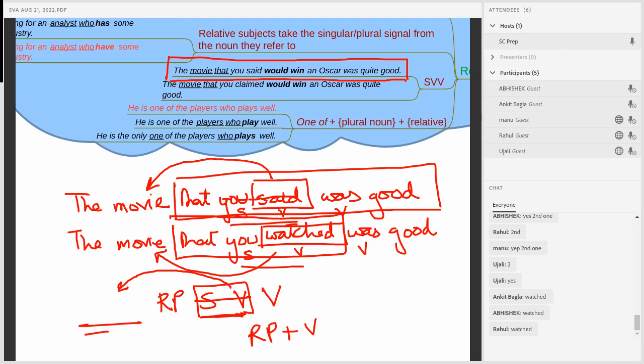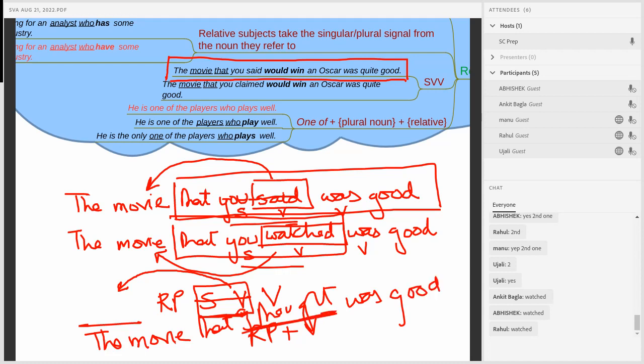The movie that I thought was good. So this is not part of the description. What it's doing is saying that I'm not saying the movie was good generally. I'm just saying I thought the movie was good, right? So you're pulling that "was good" back a little bit. That's all it's doing.